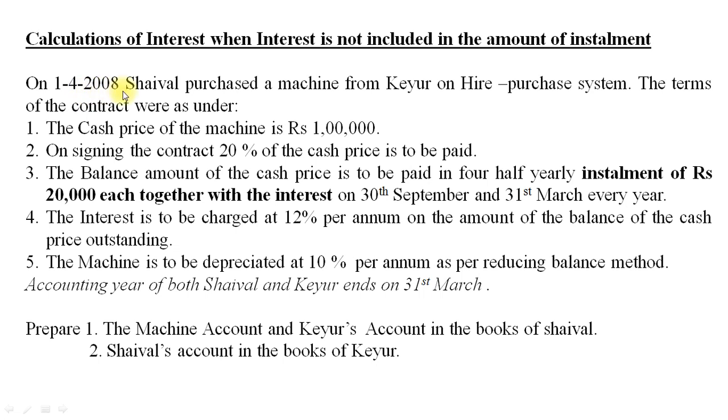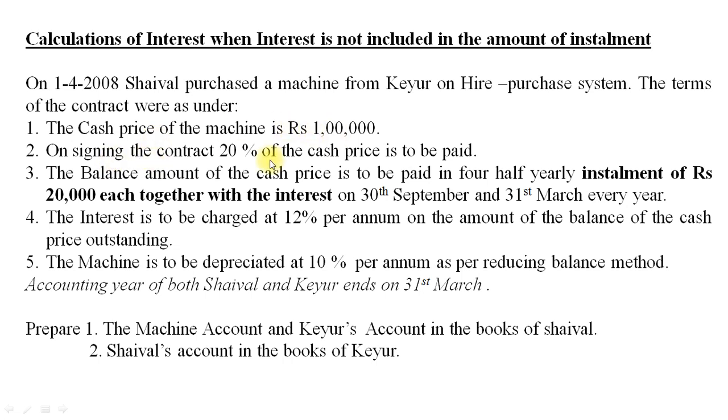On 1/4/2008, Shaival purchased a machine from Keyur on hire purchase system. The terms of the contract were as under. So here we are having one vendor and one buyer. The vendor is Keyur and the buyer is Shaival. The cash price of the machine is 1 lakh.